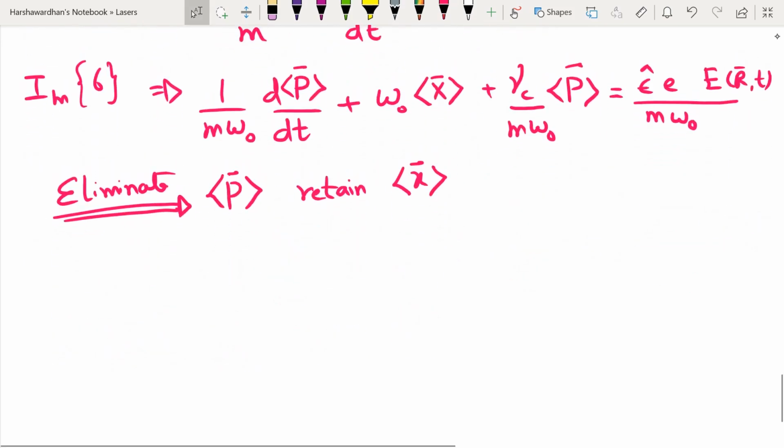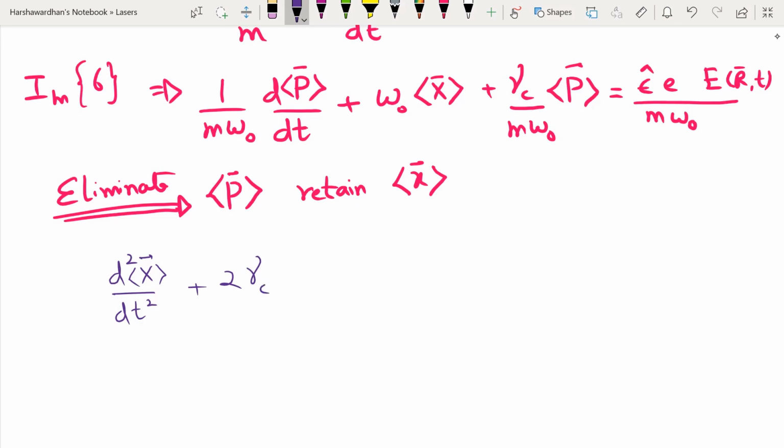So if I do this, you will see that I can come up with my final form of the equation, which is d2x over dt square, all of these are, remember, statistically averaged, plus twice gamma c dx over dt plus omega naught square plus gamma c square x, which equals epsilon E by m.